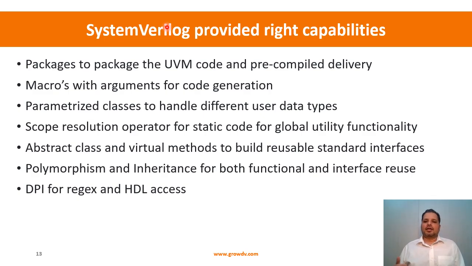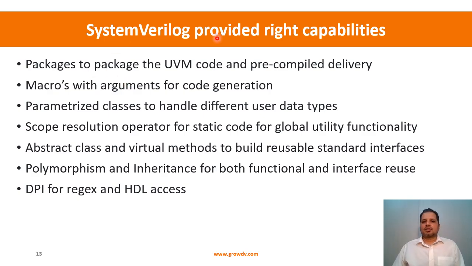What that also means is that any language which can provide equivalent capabilities can support methodologies, as we talked about, which are nothing but a set of rules, right? Those rules, if these capabilities are present, can be implemented with any language. For example, UVM is now also being implemented with Python, right? So any language that provides the right set of capabilities facilitates the implementation of rules.